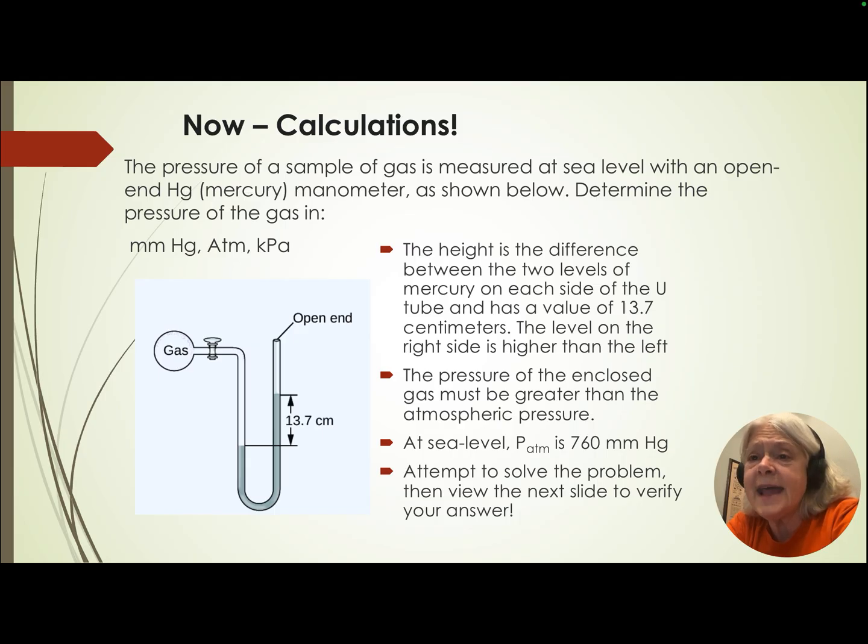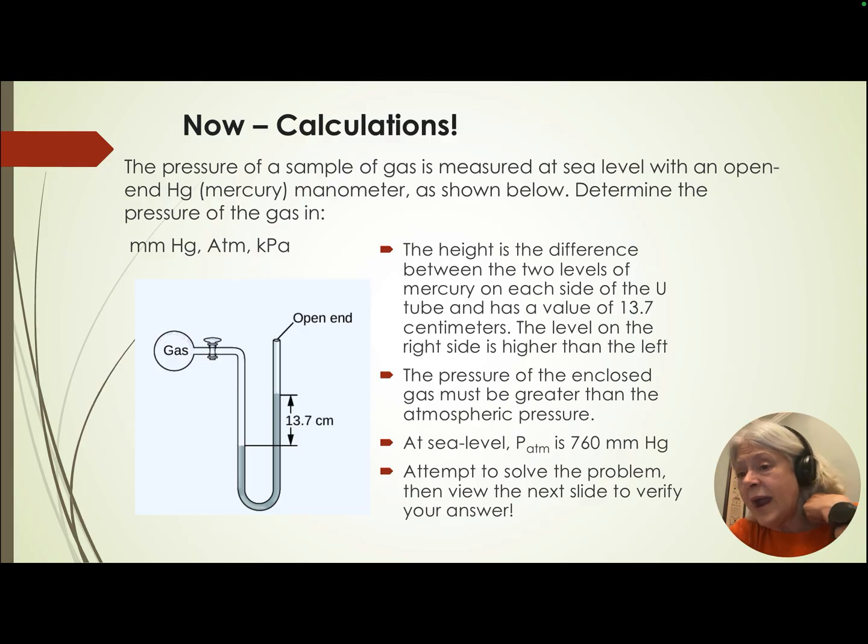The pressure of a sample of a gas is measured at sea level in an open-end mercury manometer, as shown. We are asked to calculate the pressure of the enclosed gas in millimeters mercury, atmospheres, and kilopascals. Please notice that the height is the difference between the two levels of mercury. It is labeled 13.7 centimeters.